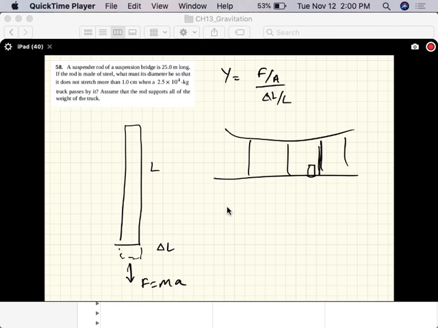All right, so what is it that we want? Area. What must be its diameter? So force is mg.